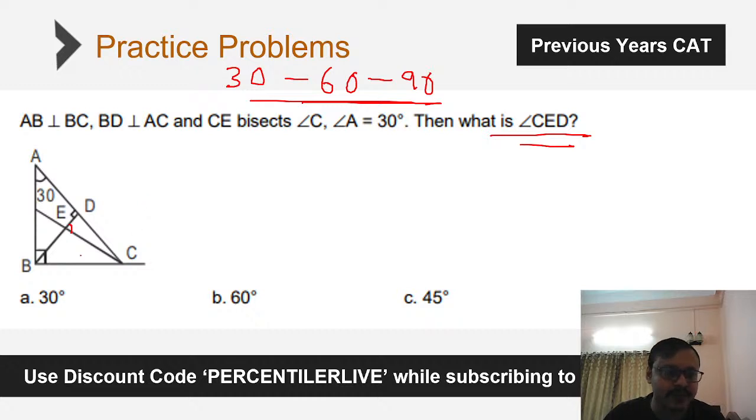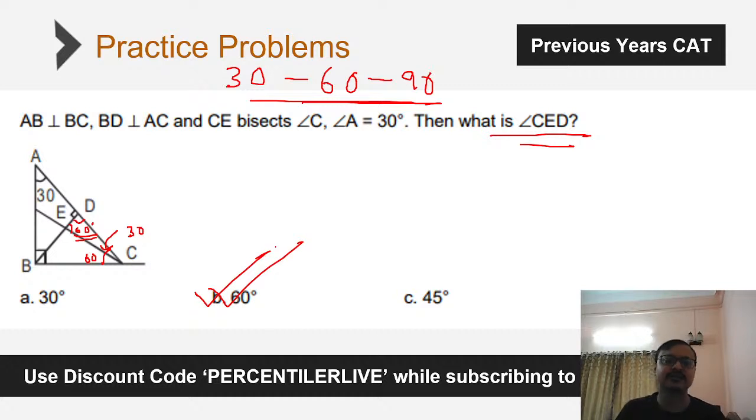Moreover, if you see this angle is 60, which means this angle must be 30. This angle here is already marked as 90. So this angle is 60 degrees. In fact, this angle being 60 out of 30, 60, 90 was observable simply by looking at the figure. So you could have immediately marked the answer, that is angle CED, to be 60 degrees.